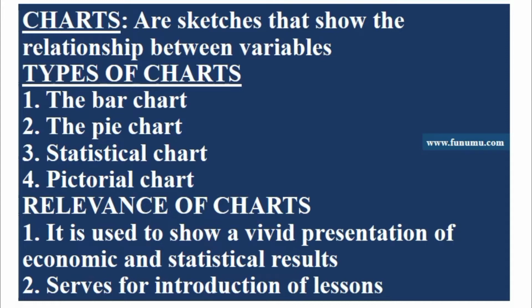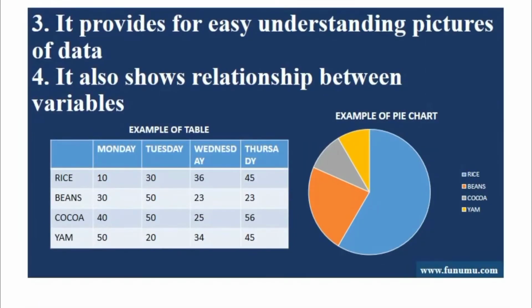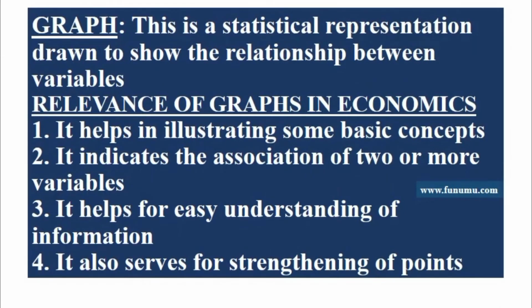Charts are very important because they are used to clearly present economic statistical results. It provides for easy understanding of pictures and data, and it also shows the relationship between variables. On your screen now, you can see an example of tables and charts.